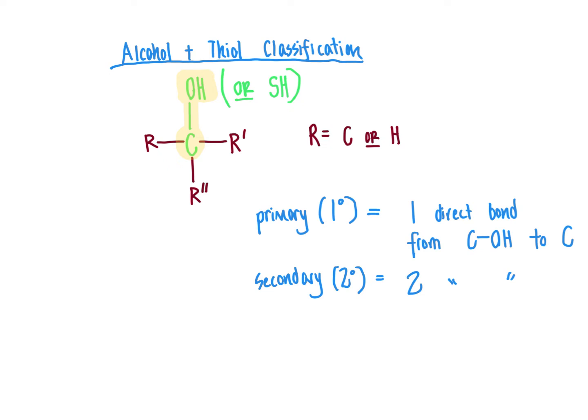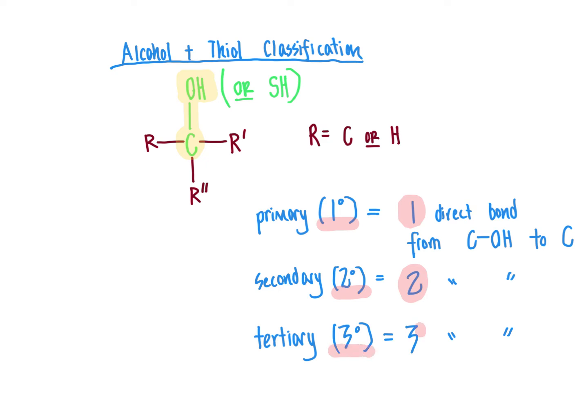So you will see a trend developing here, and that trend is that primary means one direct bond, secondary means two direct bonds, and so we can infer here accurately that tertiary, or third degree, will refer to three direct bonds from RCOH or RCSH to another carbon atom.